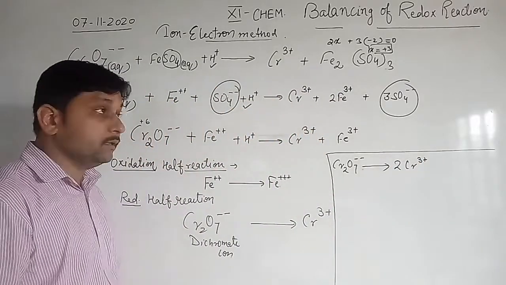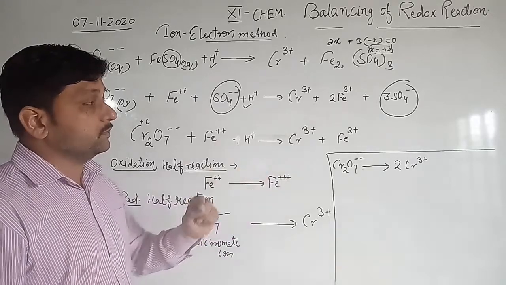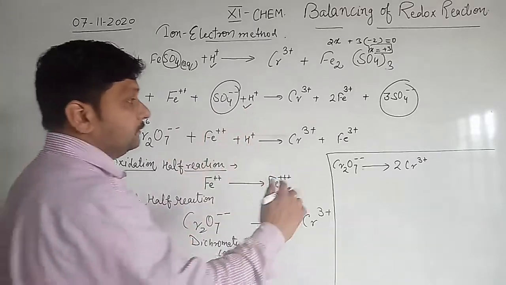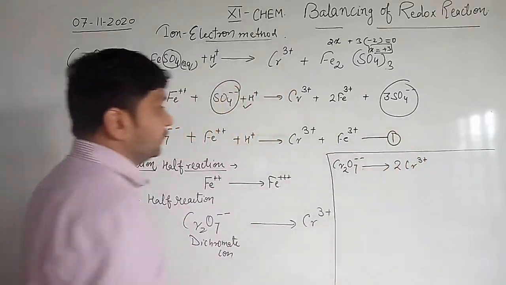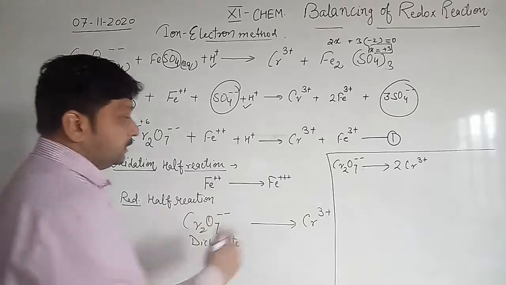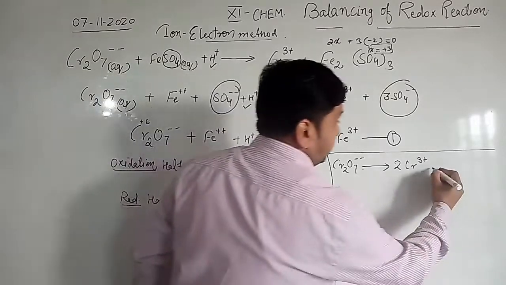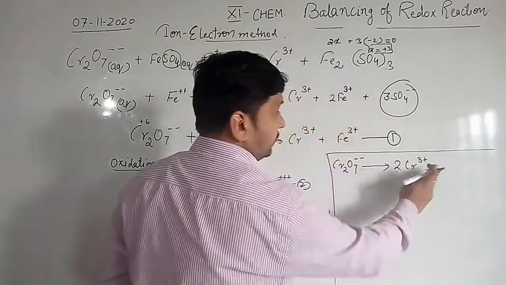Clear? We can write the numbers of each and every equation. Suppose this is equation number 1, this represents equation number 2, this represents equation number 3, and this represents equation number 4.